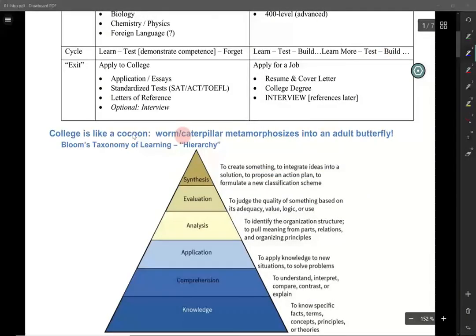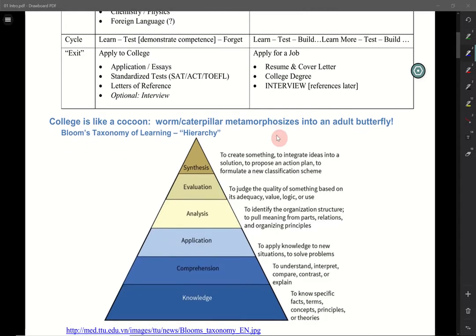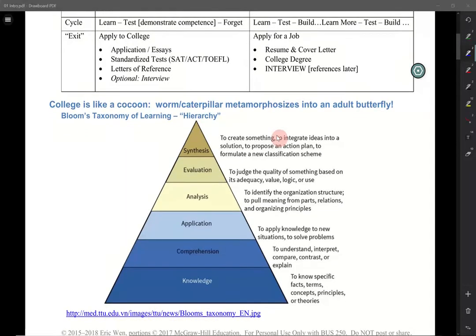But college is a cocoon stage where you're transitioning, or to use a big word, metamorphosizing, into a career type of person. And any type of change is not easy, so there's sometimes some struggle involved, and that's generally a part of learning.